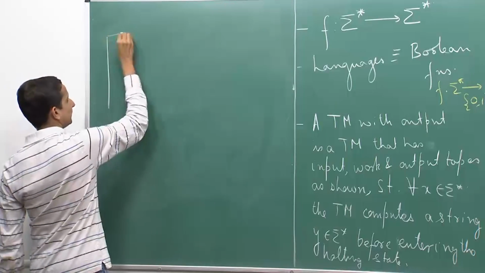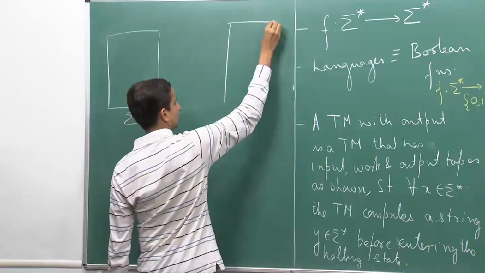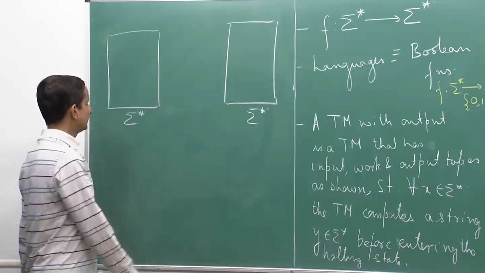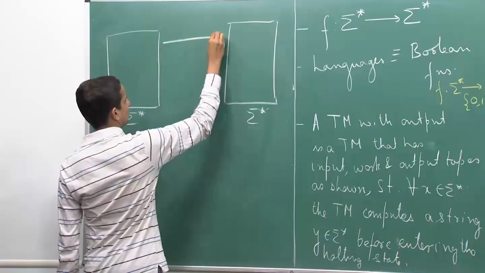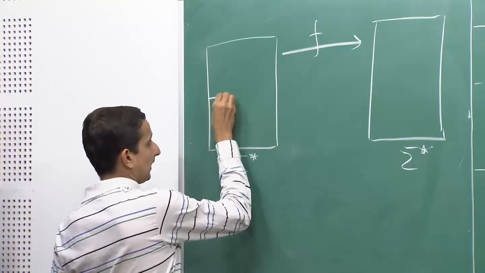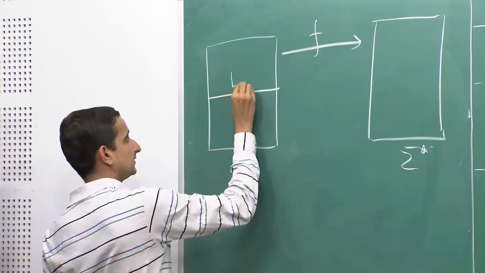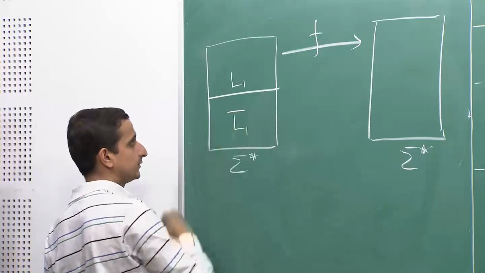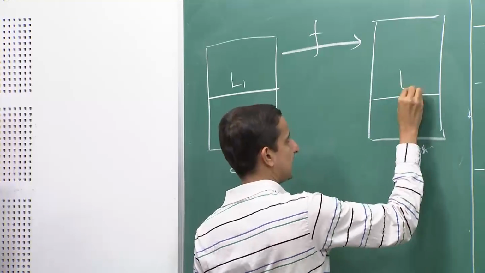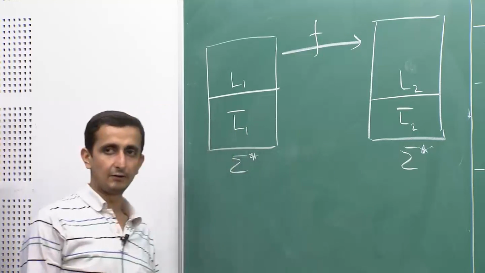So, suppose this is our universe of all strings. Okay. Again we have the universe. So, f is a function which goes from sigma star to sigma star such that, I have some subset of sigma star which is my language L1. So, this is language L1 and these are the strings which are not in L1, hence they are in L1 complement. Similarly, there is some subset which is L2 and L2 complement.